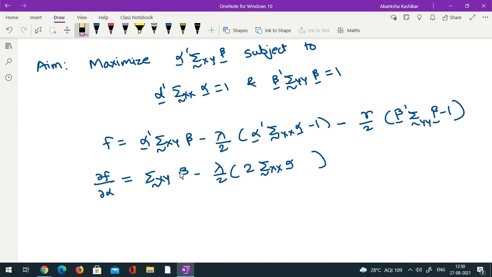Similarly, I will have the derivative with respect to beta. How do I do this now?